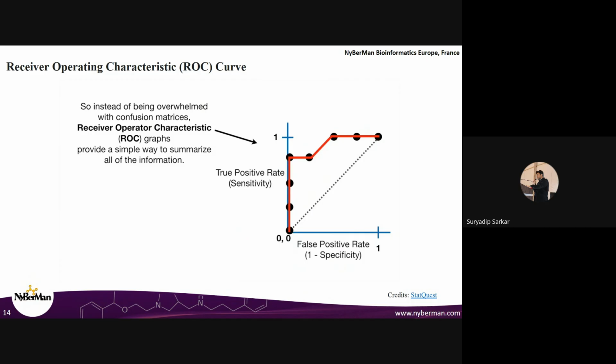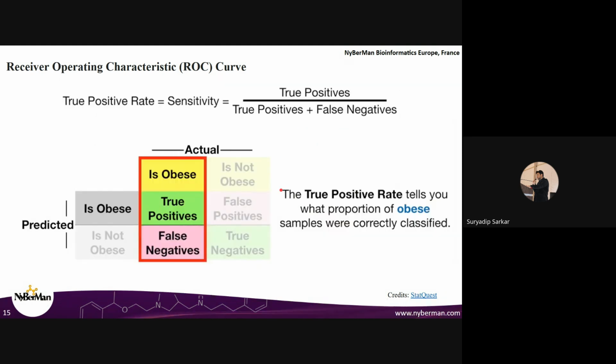So the ROC curve has two axes. The x-axis is known as the false positive rate, which is nothing but 1 minus specificity. And the y-axis is your true positive rate, which is nothing but your sensitivity. We can calculate the true positive rate as true positives divided by the number of true positives plus false negatives, right?